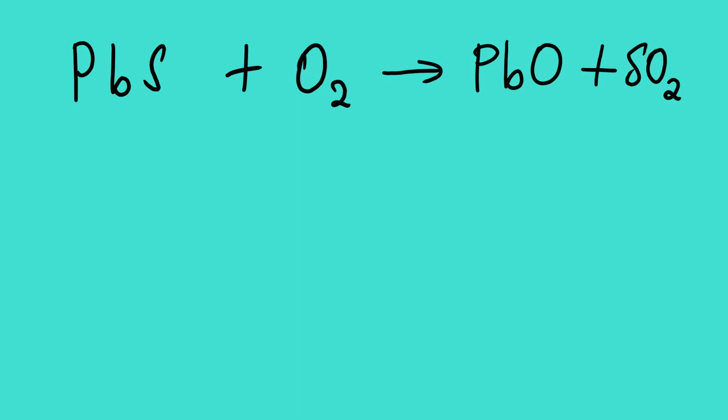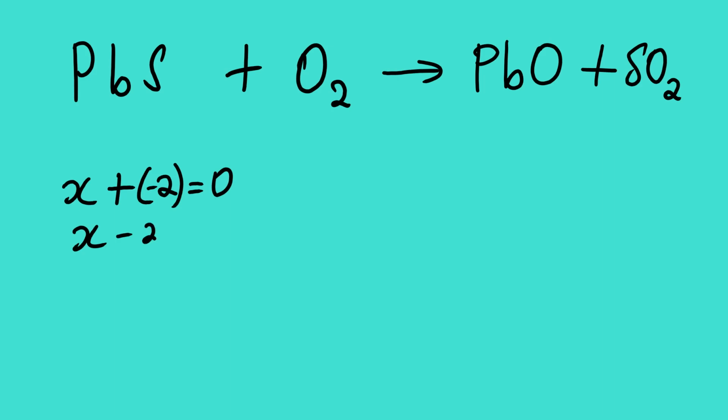So for the first compound, we don't know the oxidation number of lead, which is Pb, but we definitely know the oxidation number of sulfur because it's in group number 6 on our periodic table. So elements in group number 6, we know that it's 2 minus. So we have X plus negative 2, and you can see that the overall charge of the compound is 0.